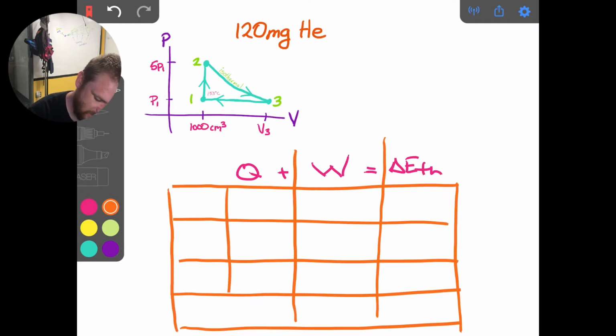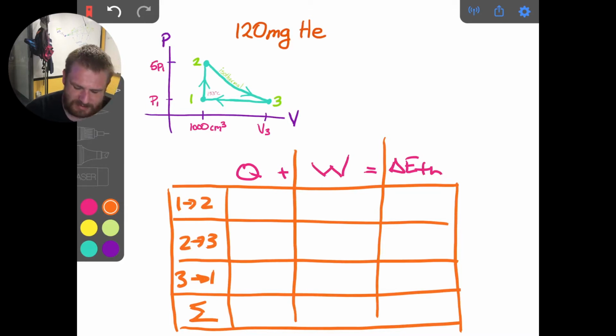We have an extra row up front here, and this is going to be the various steps in our process. So you don't want to write down states 1, 2, 3, but we want to write down processes. So this is going to be 1 to 2, this is going to be 2 to 3, this is going to be 3 to 1, and this bottom we're going to call net or sum.